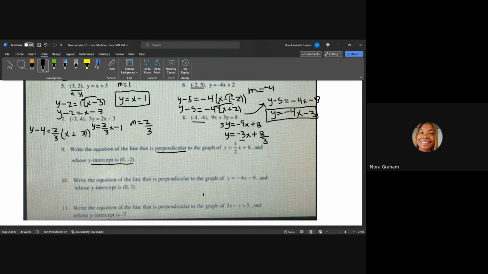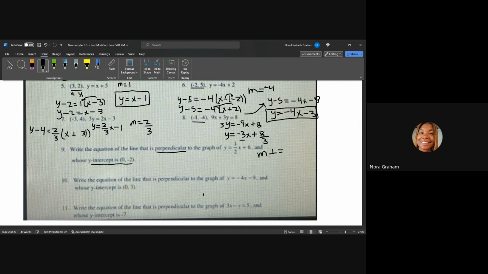So perpendicular, so remember in math, how we annotate perpendiculars like this, that just means the opposite reciprocal, okay? So what I mean by the opposite is you're going to have a sign change, and reciprocal, I mean you flip your slope, right? So let's go ahead and see what the perpendicular slope of this would be.